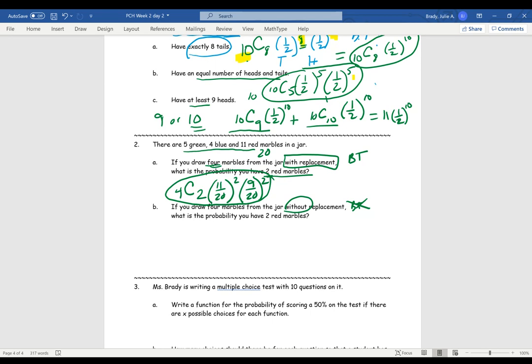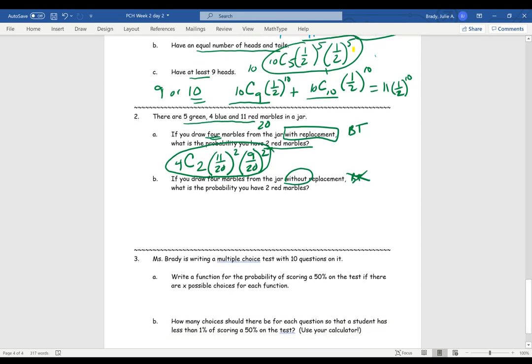Okay, let's do the next one. When in doubt, I think about a tree, or I think about multiplying. I would need a red, then a red, then a not red, then a not red.